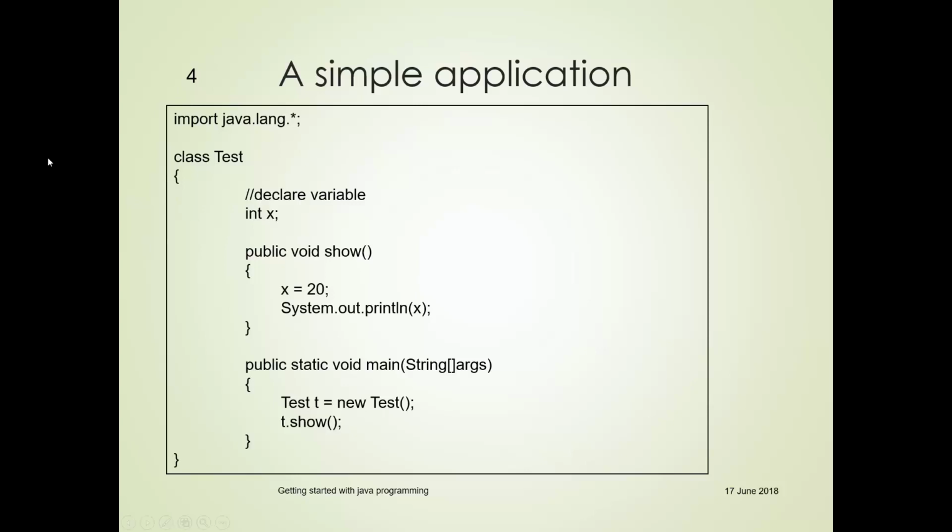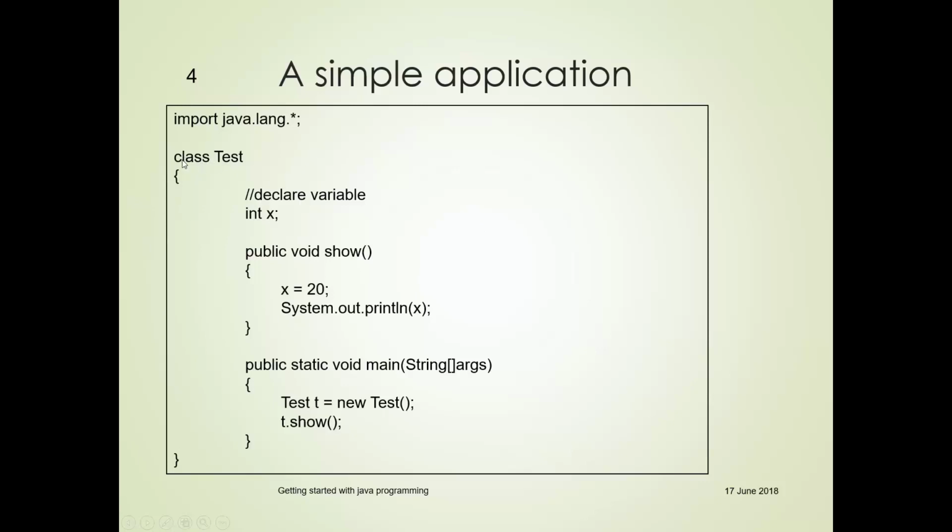Now this particular line where class Test is written has a start curly bracket and an end curly bracket. From here to here, this complete block is a class. Under that class all the other code is written.